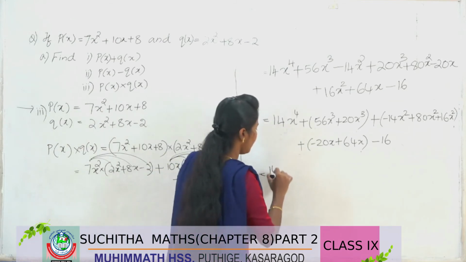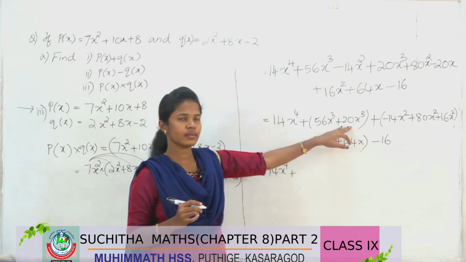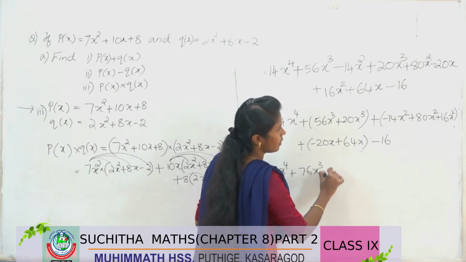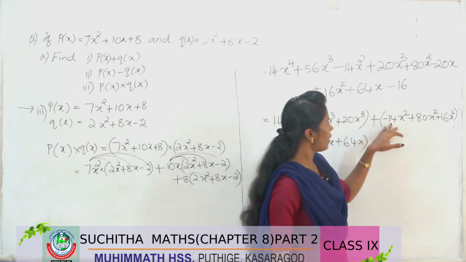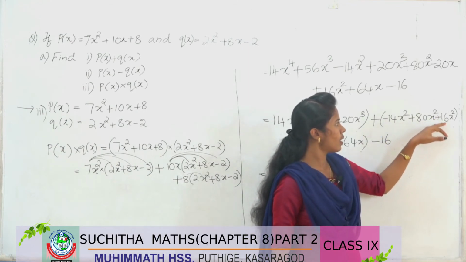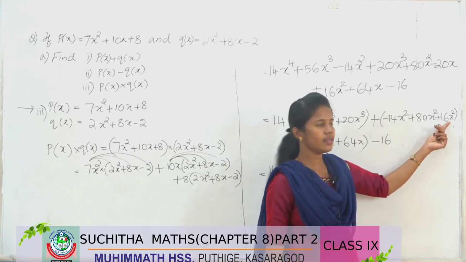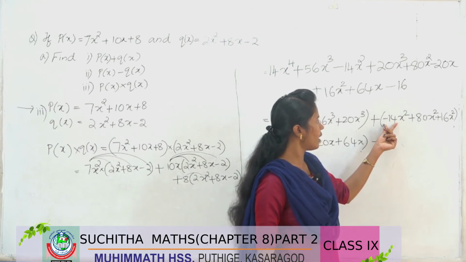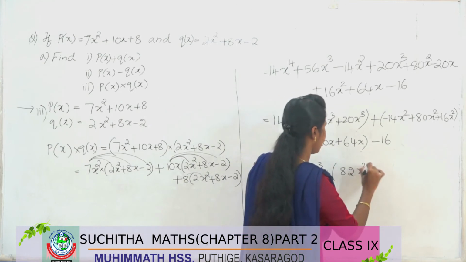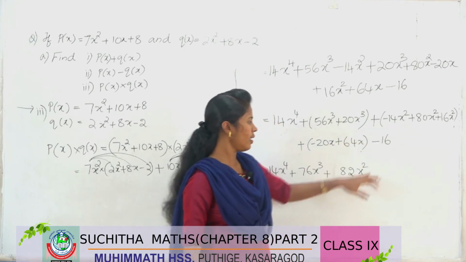That is 14x raised to 4 plus 56 plus 20, 76x cube, plus minus 14x square plus 80x square plus 16x square. So 80 plus 16 is 96. 96 minus 14 is 82.